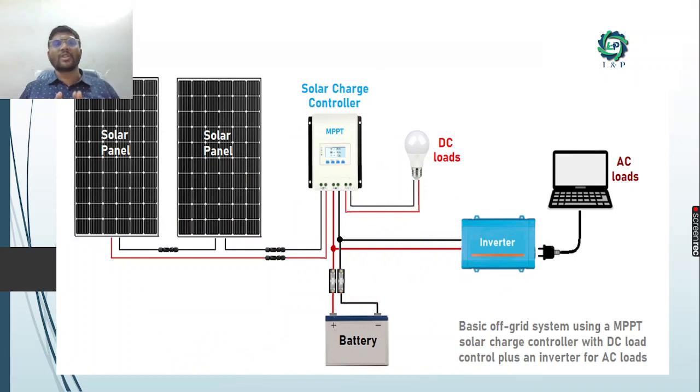We just want you to visually think about the things when you are planning for an off-grid system. Mostly we prefer an off-grid system for homes where they need backup power during power cuts, and also want to charge the entire system with the help of solar.